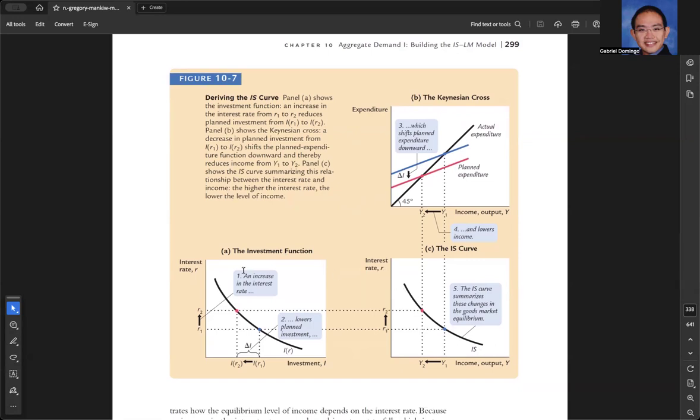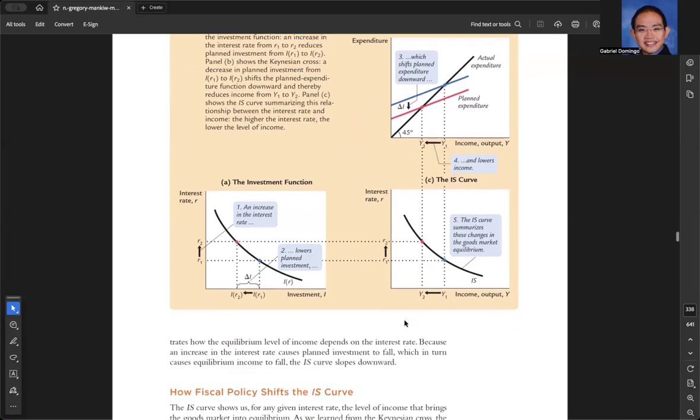Which is just a combination of the shape of the investment function here and the Keynesian cross, or the Y equals PE model here, both of which will generate this relationship between R and Y, for which the points on the IS curve are simply what's called the equilibrium combinations of R and Y that make up the equilibrium of the goods market, or the S equals I savings investment market. You should think about intuitively, it is in fact the goods market. Right? So this is the IS curve.